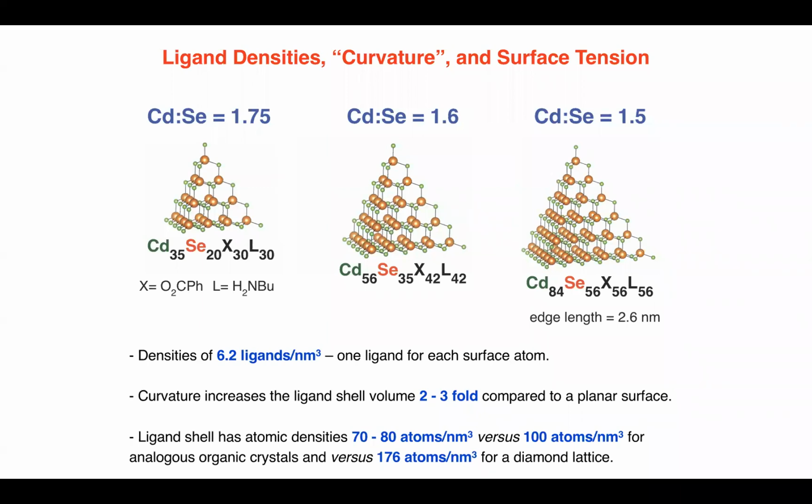Way down here at these very small sizes, these pyramids are entirely cadmium enriched. There's no selenium outwardly facing. They are fully covered with cadmium. That's probably a function of the cadmium carboxylate concentration in the solution. We think the corners might be coming on and off.